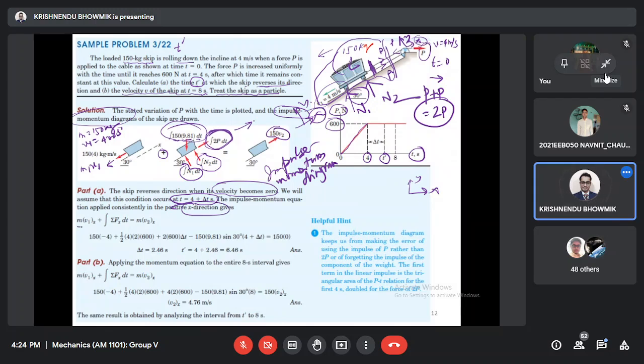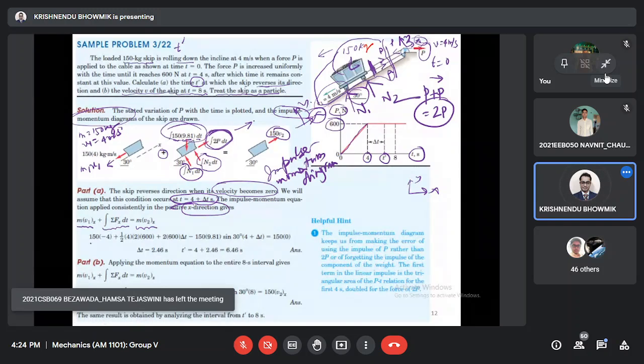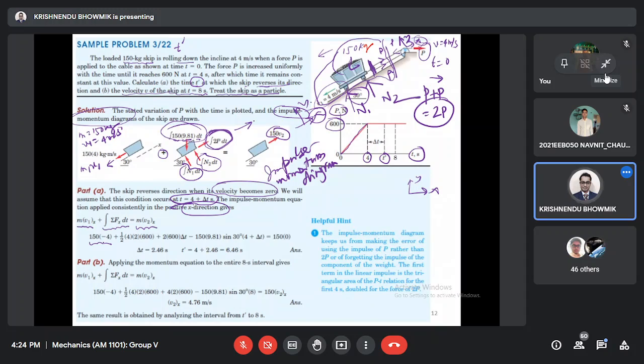So in the positive direction it is m v1x plus Fx dt plus m v2x. So 150 multiplied by minus 4, because it is in the negative direction, 4 meter per second. And what is the final? 150 multiplied by 0. Now, what is summation Fx dt?